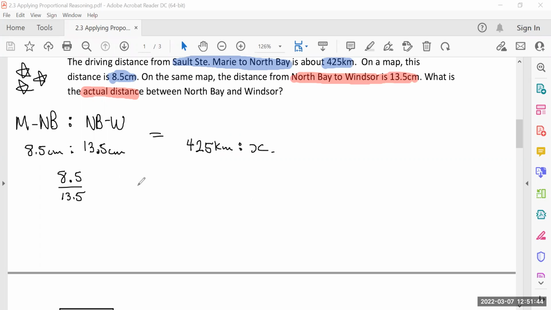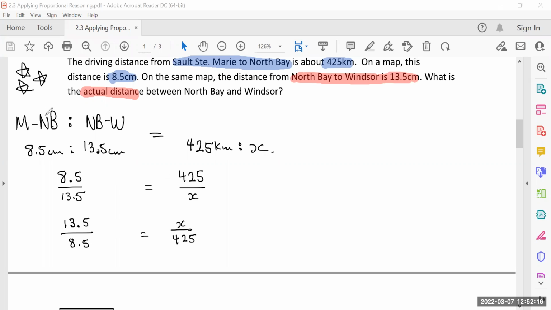That's centimeter to centimeter equals 425 kilometers to x kilometers. And you probably don't want the x value on the bottom. And remember, these are representing ratios. So if these two are equal to each other, you can just as confidently say that the reciprocal of one fraction will equal the reciprocal of the other fraction. They're both correct.